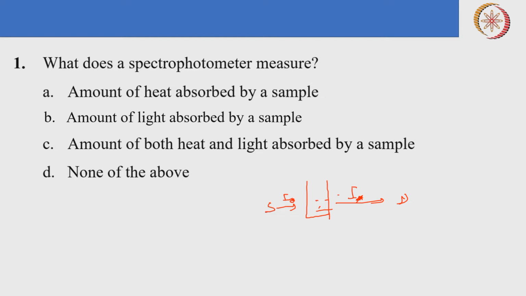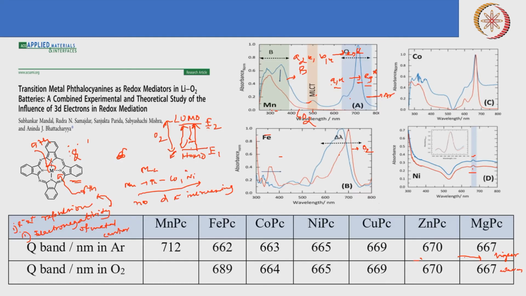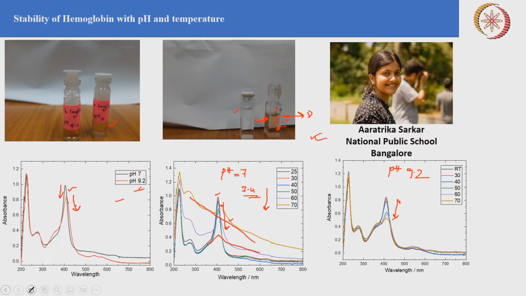After that, whatever light is transmitted goes to the detector. So here we are not measuring any heat, because there is no that kind of thing. We measure only the light that is absorbed and the light that is coming out. So the amount of heat absorbed by a sample we are not measuring. The amount of light absorbed by the sample, that we are measuring. So B is the answer.